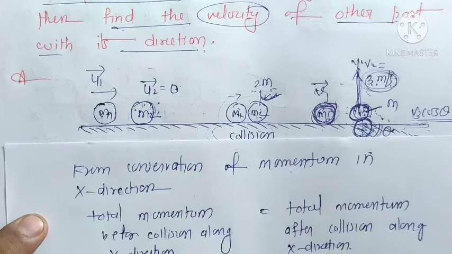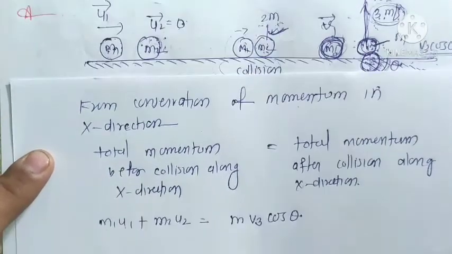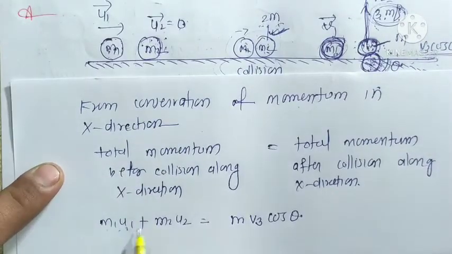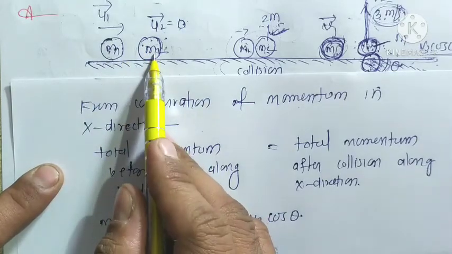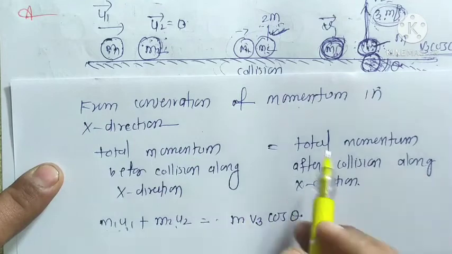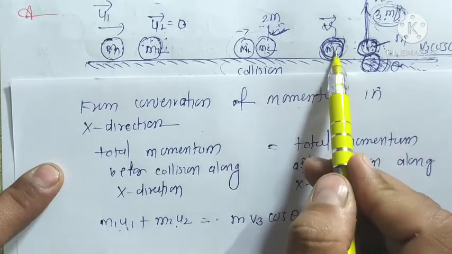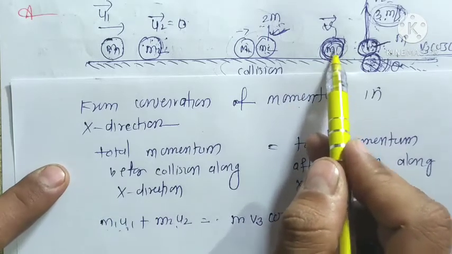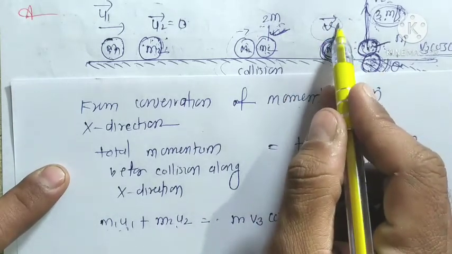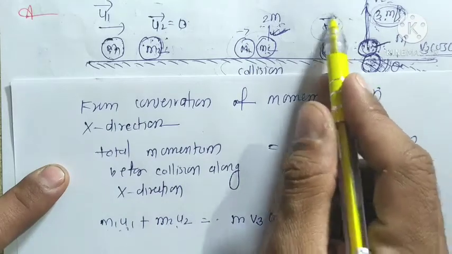Here m1 u1 is the initial momentum of the first body plus the initial momentum of the second body, which is equal to the final momentum. After collision the first body is at rest, so v1 is 0 and m1 v1 becomes 0.